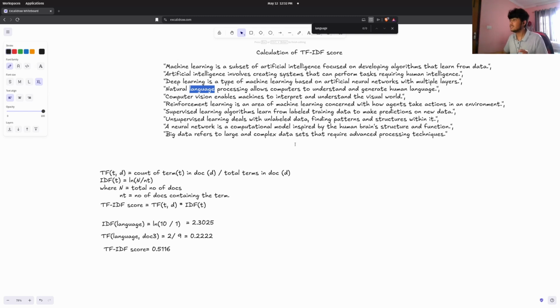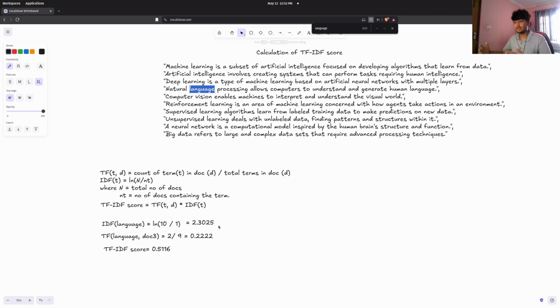I can't find any other document containing the token language. So we take the natural log of the total number of documents, 10, divided by the number of documents containing the term, 1. We get the result 2.3025. Then we just multiply the TF and IDF scores to get the final score.